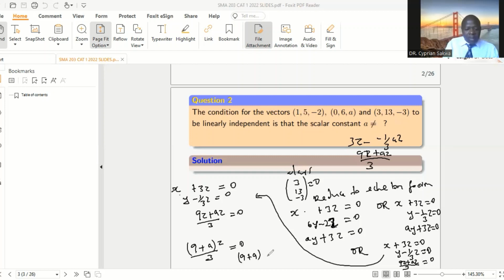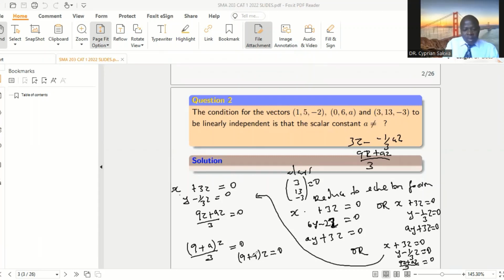This is 9 plus a, z is equal to 0. Now, if a is negative 9, we would have a 0 here. It's 9 plus a.